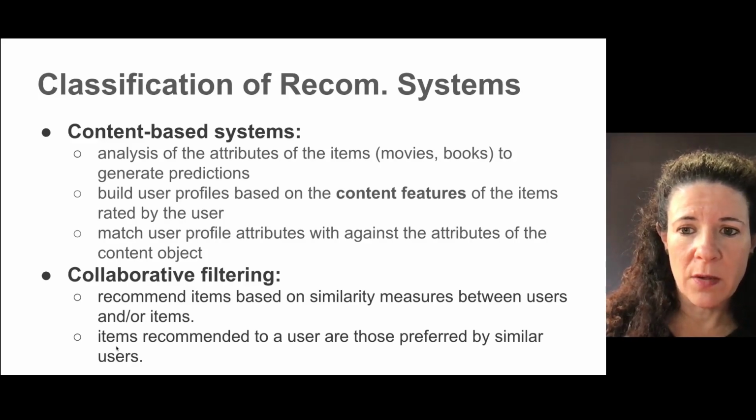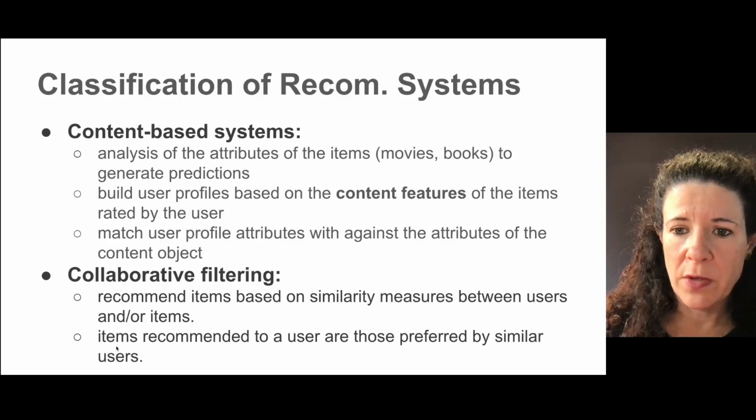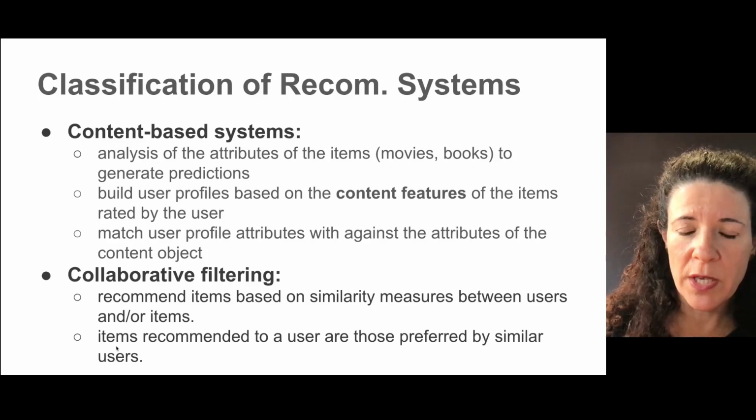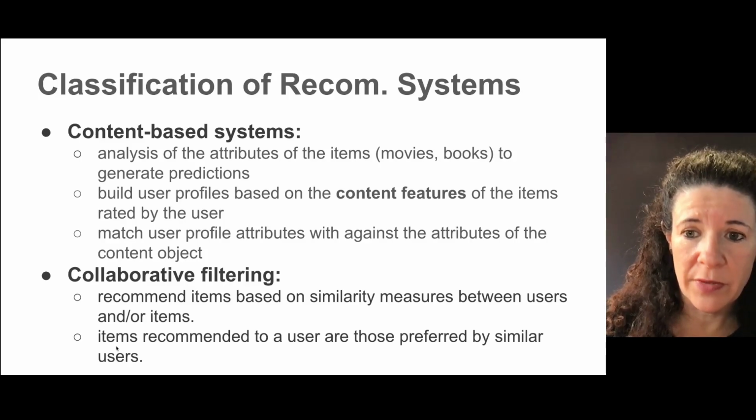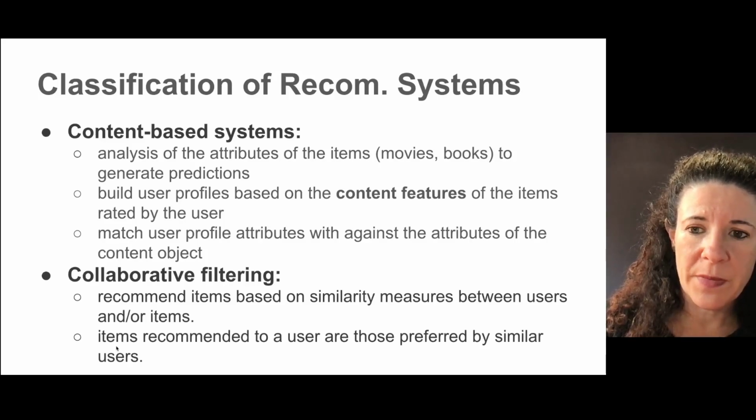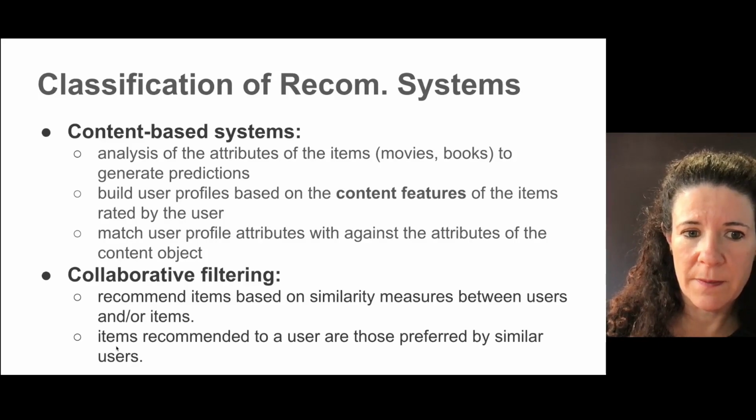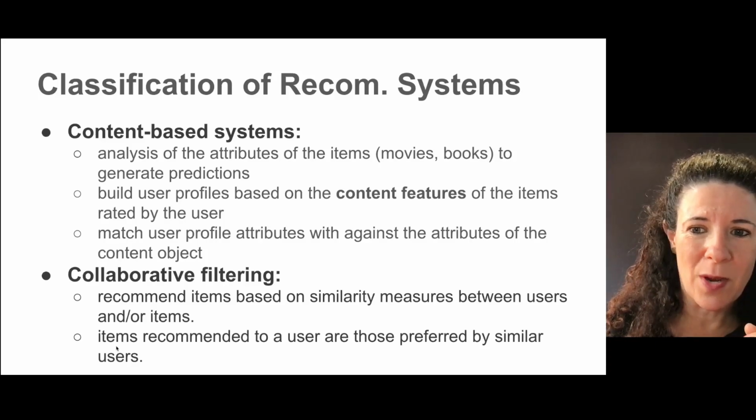For example, I can compute a profile of a user by looking at the items this user likes and looking at the content of these items. Then you can try to match user profiles against item profiles to make recommendations. Okay, so let's talk about this a little bit more.